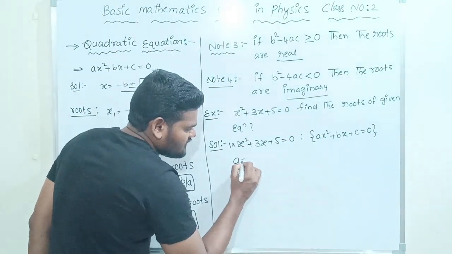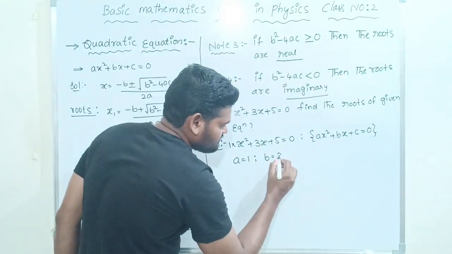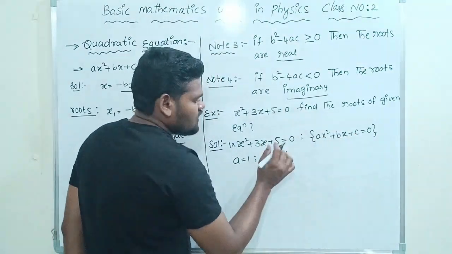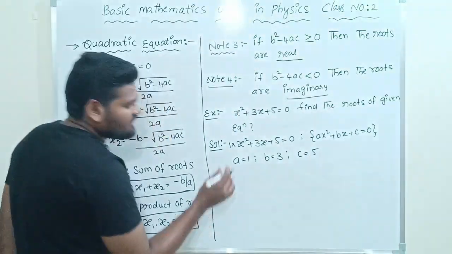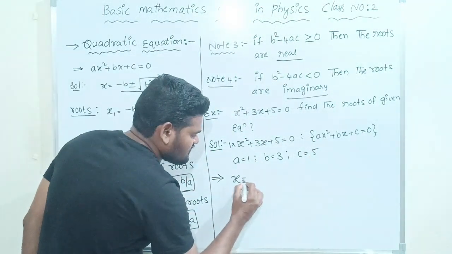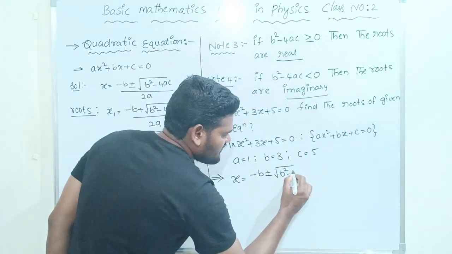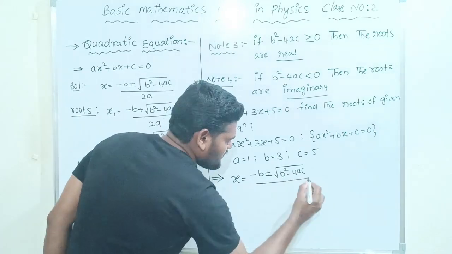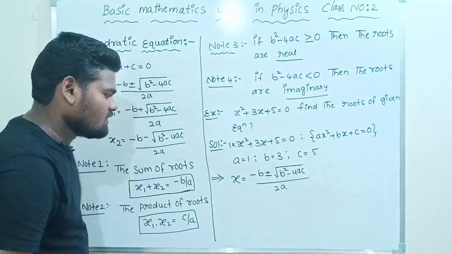Then a is equal to 1, b is equal to 3, and c is equal to 5. So the solution of this equation is x is equal to minus b plus or minus under root of b square minus 4ac by 2a. So this is the solution for a given quadratic equation.